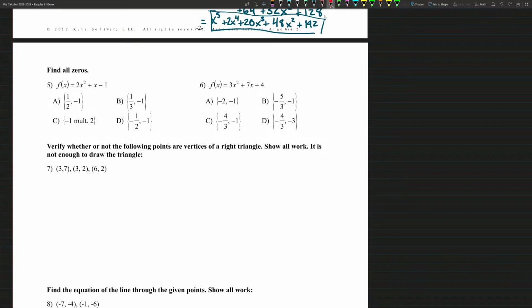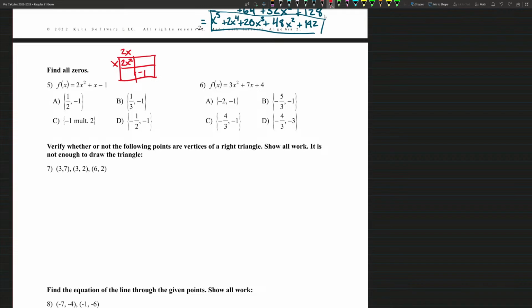Okay, so let's factor this one. So if we factor this, we need factors of -1 such that these two empty ones add up to +1.